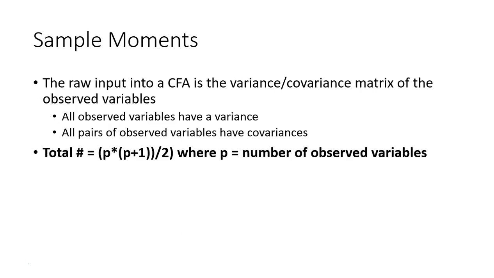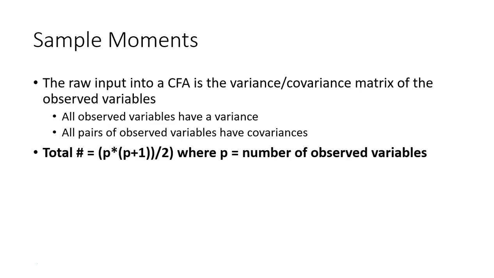So when you sit down and draw your model, you think through what are all of the estimates that I have to make in this model from the data. And then the next step is to ask, how much information do I have to make those estimates? In SEM or CFA, the information that you have is the variance covariance matrix among the observed variables. That's why a few weeks ago, when we first started talking about some of these measurement statistics, we talked a lot about what a variance covariance matrix looks like and what the covariance represents, because these are correlational techniques.